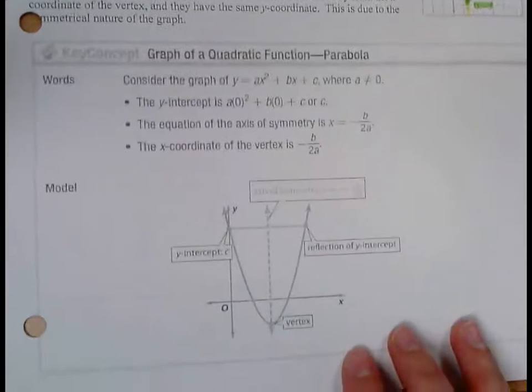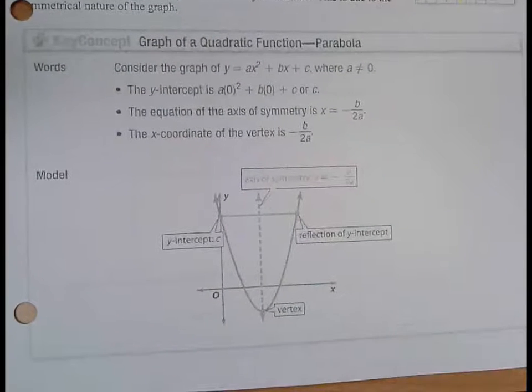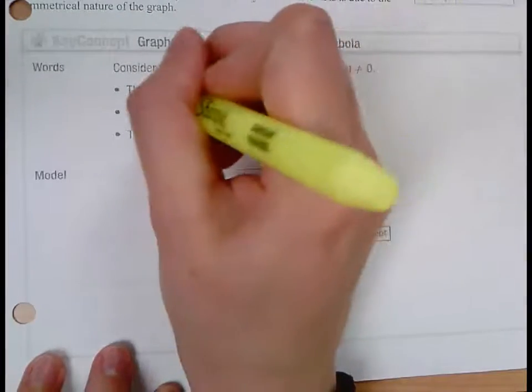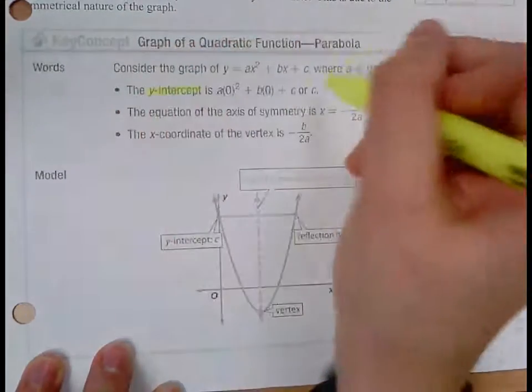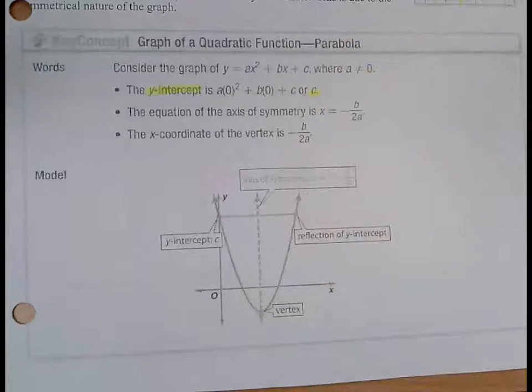And then this box at the bottom gives some formulas that you'll want to know as you're graphing parabolas yourself. So for any quadratic function, the y-intercept will always be the value of c that's in the equation.